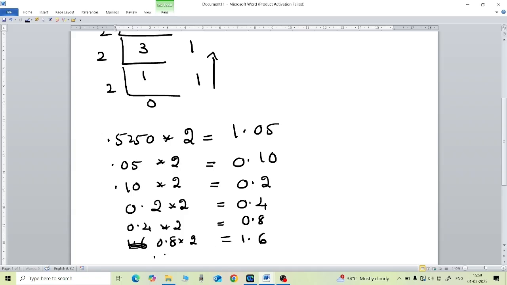Again taking the fractional portion, 0.6 into 2 will give us 1.2.